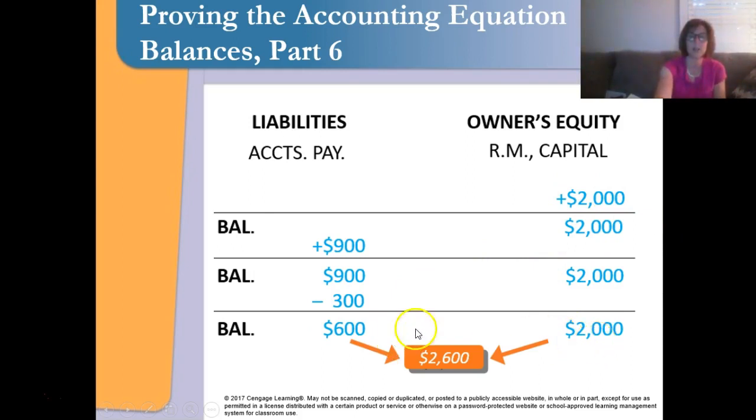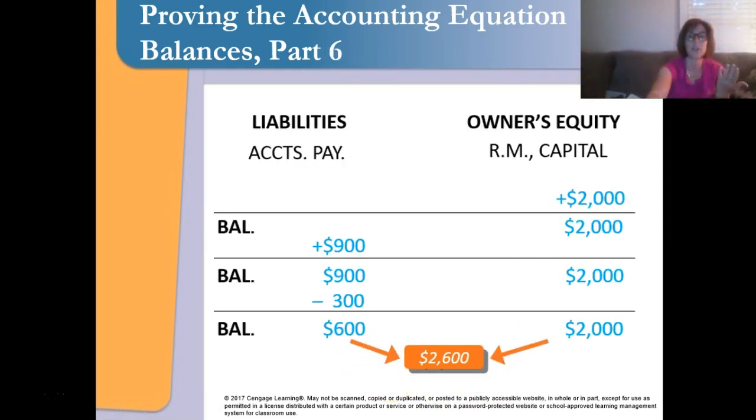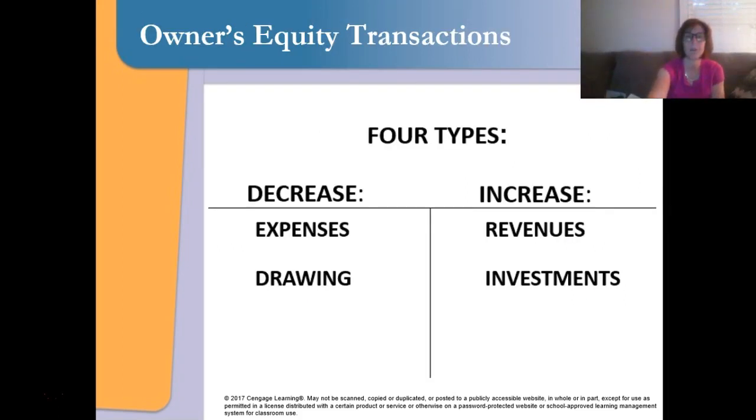So if we add these two together, the accounts payable and the owner's equity, that gives us $2,600. And lo and behold, that's the total of our asset account too. So in our equation of assets equal liabilities plus owner's equity, we remain in balance. What is on the left side of the equal sign equals what is on the right side of the equal sign.